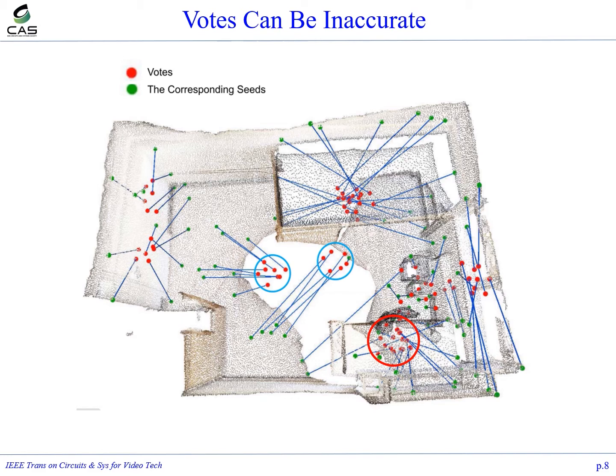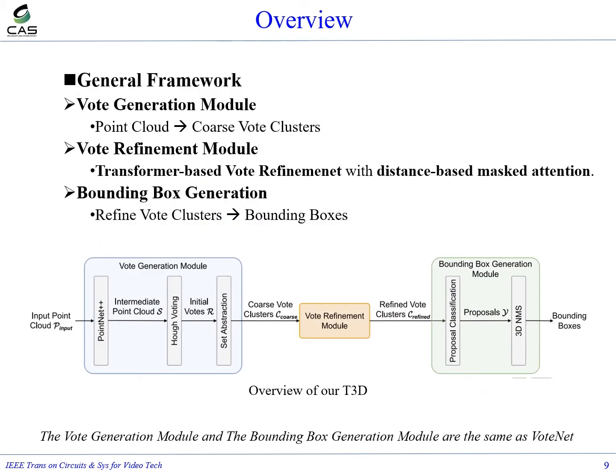To solve this problem, we argue that it is beneficial to exploit rich contextual relations among these vote clusters, as this strategy can suppress clustered negative votes, and Transformer is a good choice. This is the overview of our framework, which consists of the vote generation module, the vote refinement module, and the bounding box generation module.